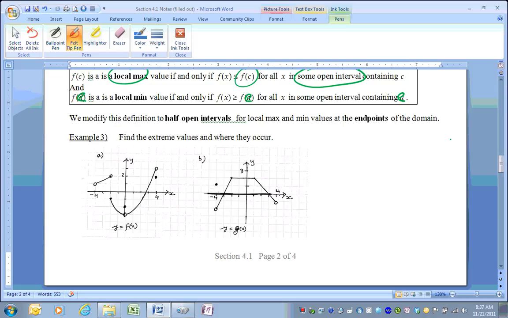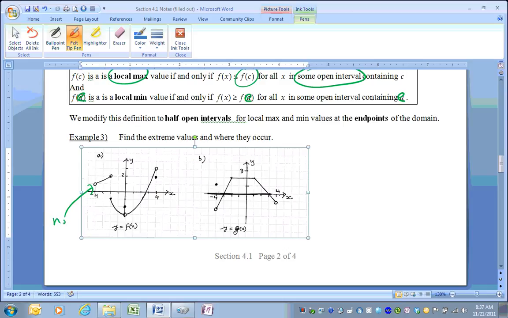For part A, so first of all, you have no extreme value here, because you don't know how low it can go.